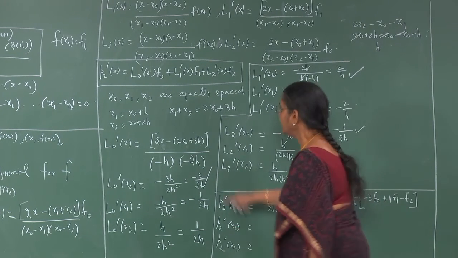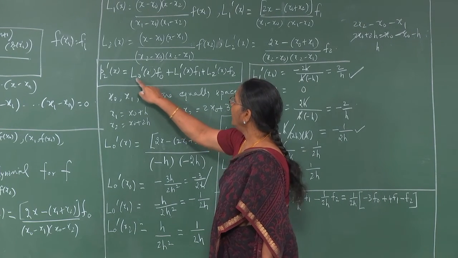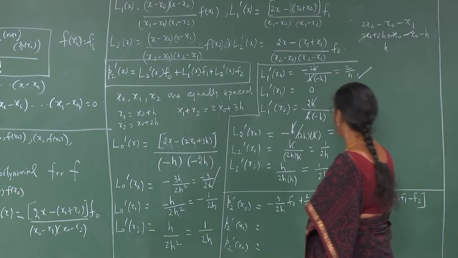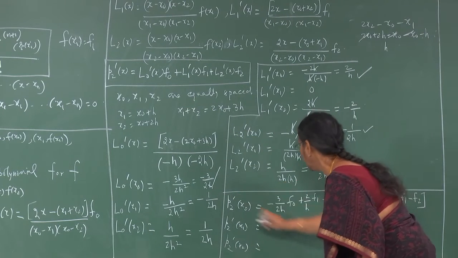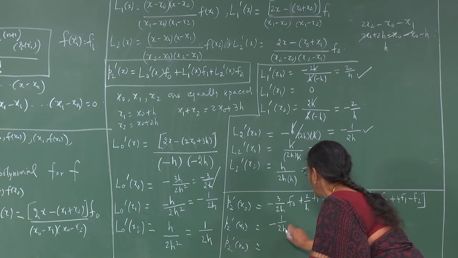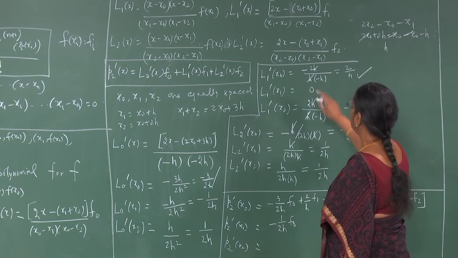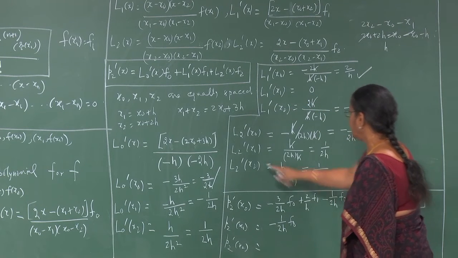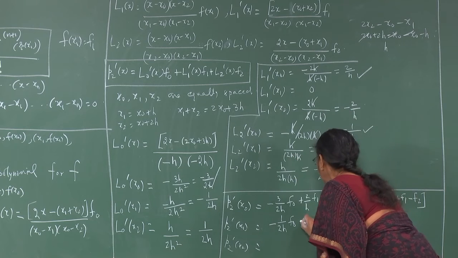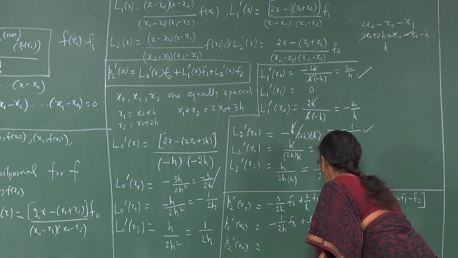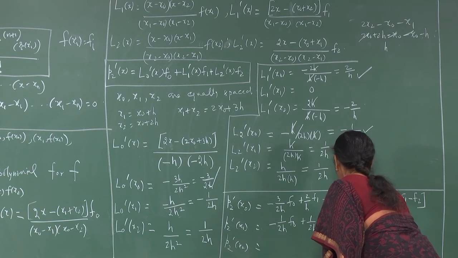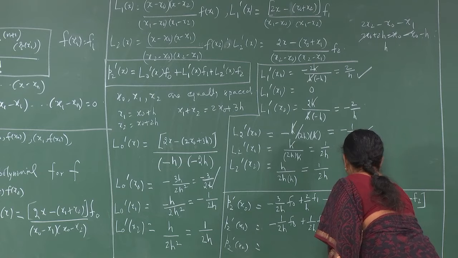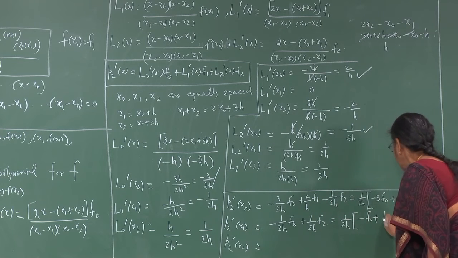then P2 dashed at x1. So, L0 dashed at x1, what is it? It is minus 1 by 2h into f0 plus L1 dashed at x1, that is 0, plus L2 dashed at x1, that is 1 by 2h into f2. So, it is 1 by 2h into (minus f0 plus f2).